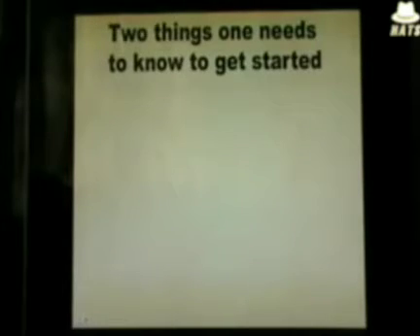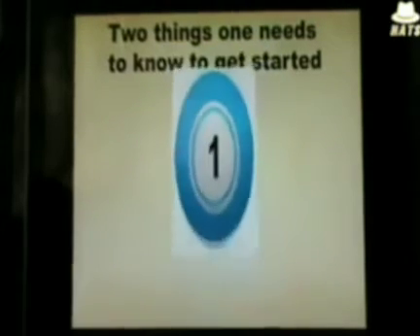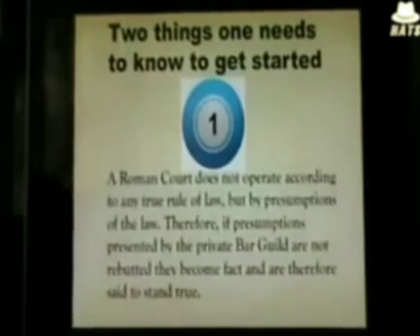Probably the two things that you will need more than anything else to get you started are that a Roman court, or the courts that we know, do not operate according to any true rule of law, but by presumptions of the law. So if you don't rebut those presumptions, they become fact and they stand as the truth in law.